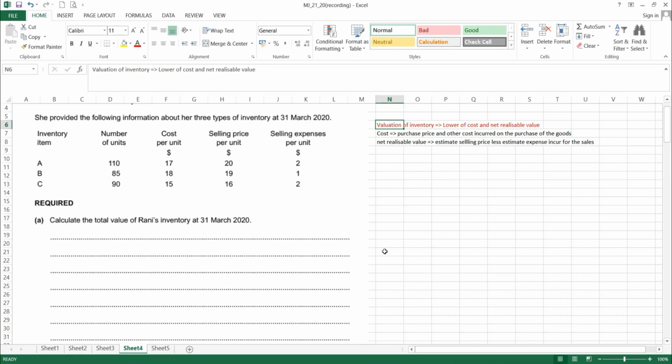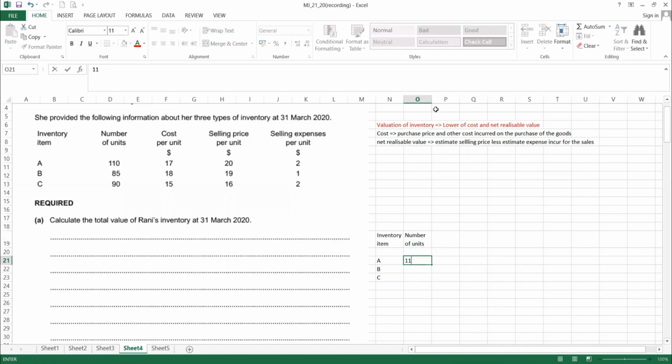To calculate this, based on this valuation, lower of cost and net realizable value, we need to see the 3 items in here. Inventory item A, B, and C. And number of units: 110, 85, and 90.